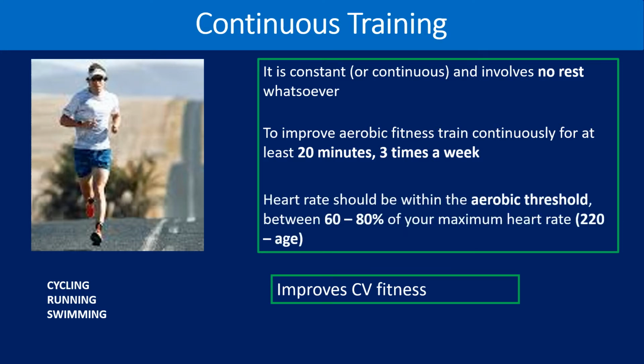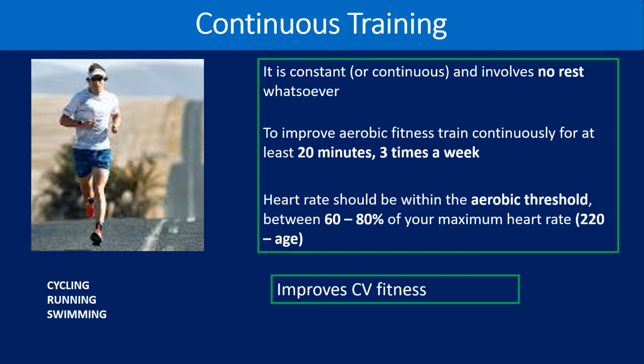Whilst you are training continuously, you need to ensure that you are working within that aerobic threshold. So you should be working at between 60 and 80% of your maximum heart rate. We wouldn't want you to be going at 80 to 100% because you won't be able to last for the entirety of the training session.